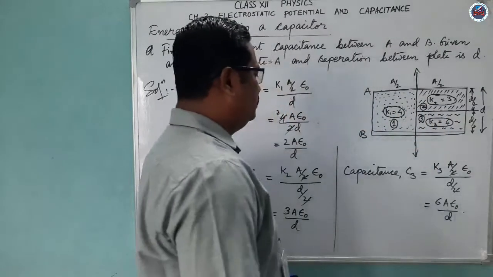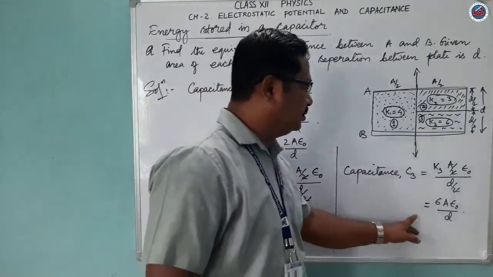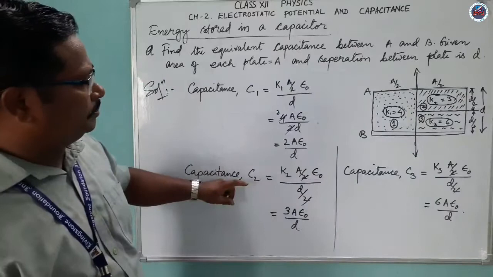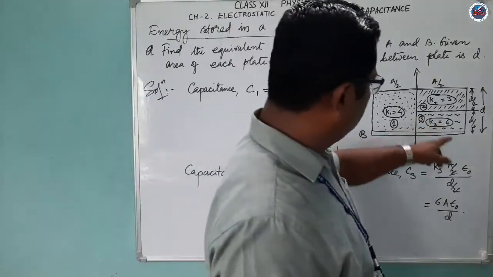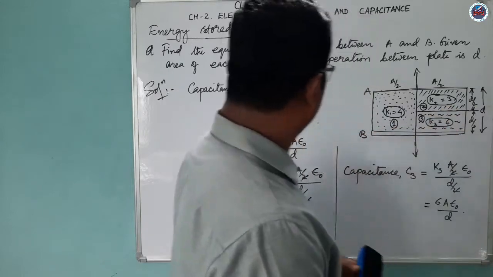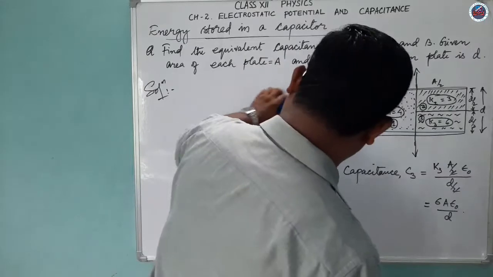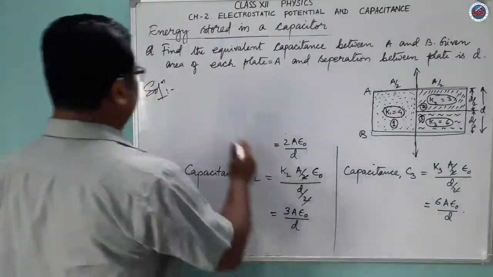After you find out C1, C2 and C3, here you can say that these two capacitances C2 and C3 are in series.